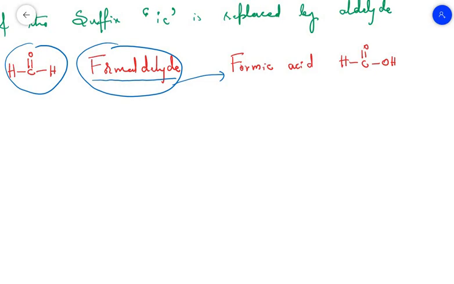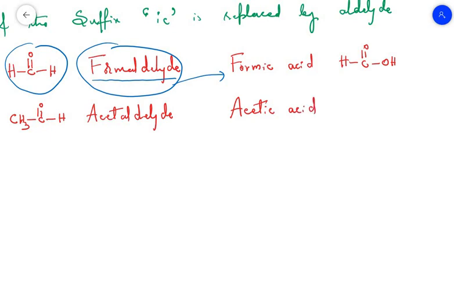Similarly, let us have another example. This compound is called acetaldehyde. On oxidation it gives acetic acid, and we know the formula of acetic acid, CH3 C double bond O OH.